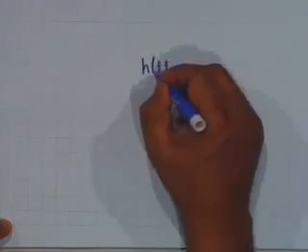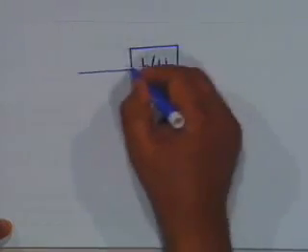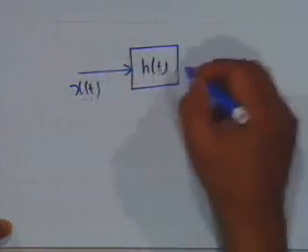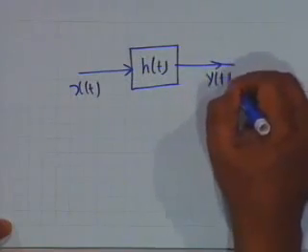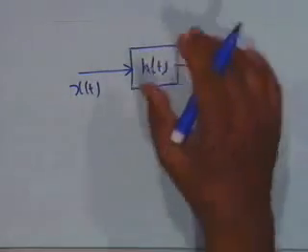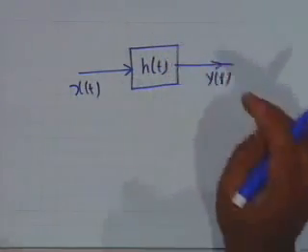Let's take a more involved example now, in which we have a system h of t, input x of t and output y of t. Follow this example very carefully because it brings out some interesting methodology or techniques of handling LTI systems by Fourier transform.